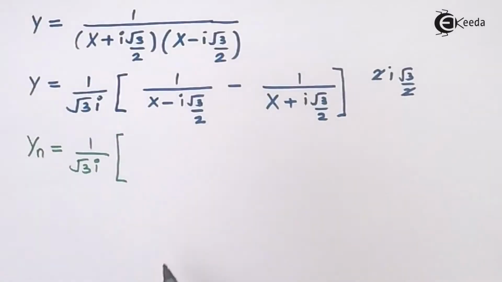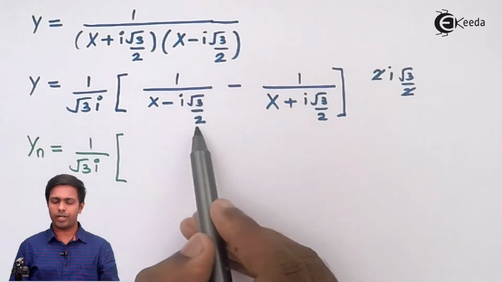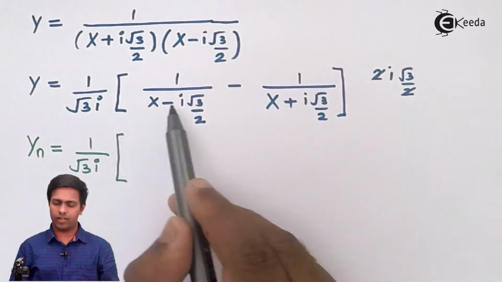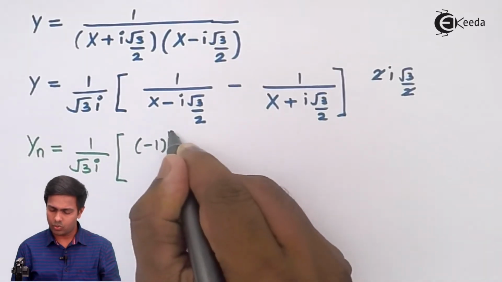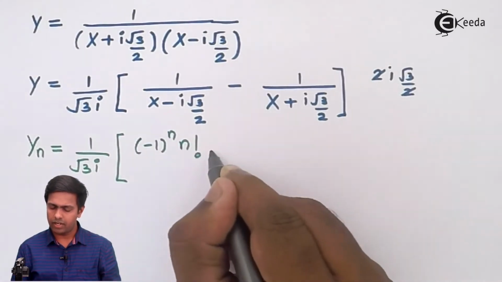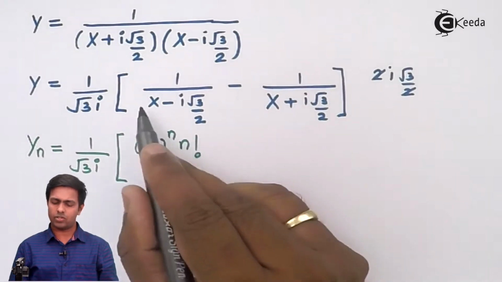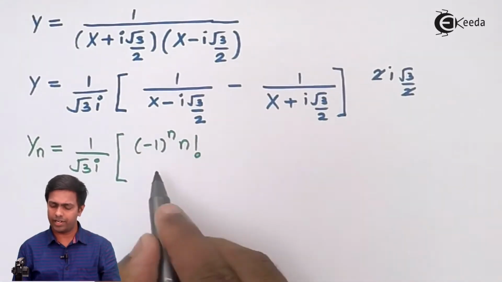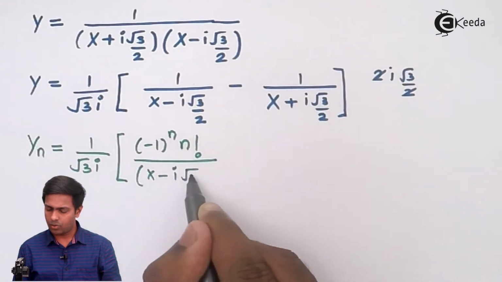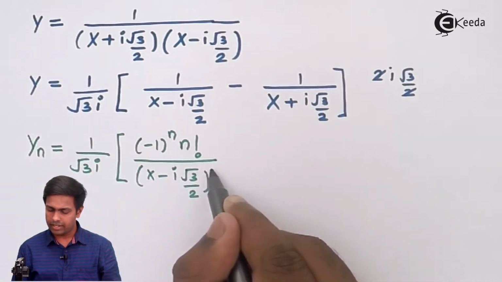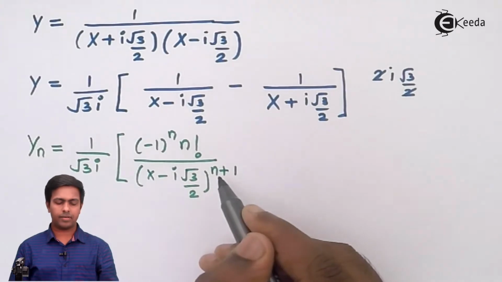Now guys, here we have x minus i root 3 by 2. So the value of a is 1 and the value of b is this. So we will get minus 1 raised to n into n factorial, then a raised to n, a is 1, so 1 raised to n is 1, I will not write down, upon x minus i root 3 by 2 raised to n plus 1.